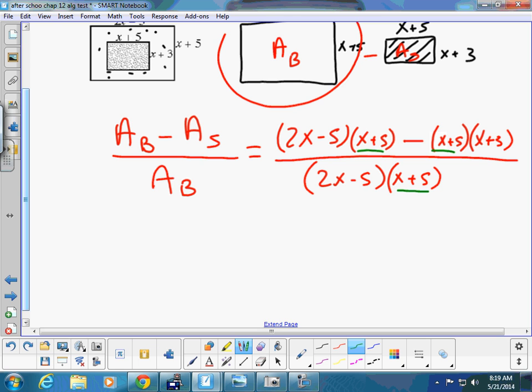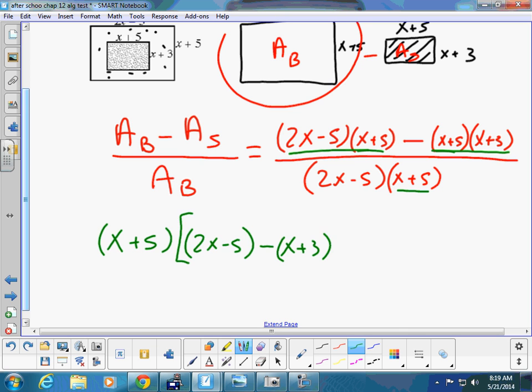This is kind of like a grouping. This group has something that's common with that, so I'm going to take out an x plus 5, and left behind is going to be 2x minus 5 in parentheses, minus x plus 3 in a bracket, and that's all going to be over 2x minus 5 times x plus 5.